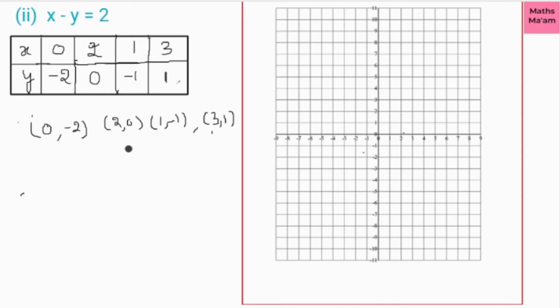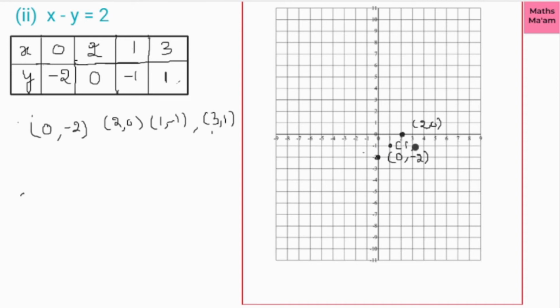Now let's plot these points on the graph. (0, minus 2) means x is 0 but y is minus 2. This is the point. Next is (2, 0). Y value is 0, that means on the x-axis (2, 0). Now (1, minus 1): 1 is positive and minus 1 is y.